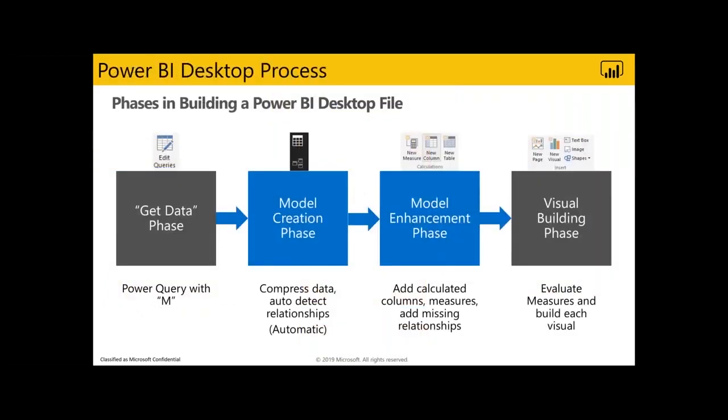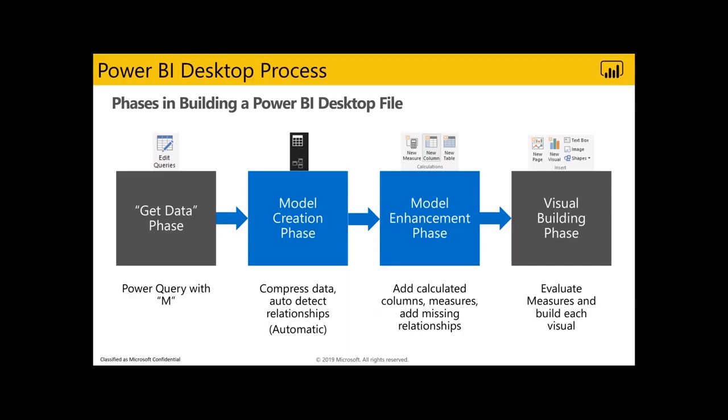All right, so let's jump right into it. So Power BI Desktop, there are typically 4 phases in building a solid model, right? You need to go out and get the data, of course, and that takes some thought, right? Now you're talking about Power Query, you're writing M possibly, if you're super advanced, and that Power Query M, or that M language, is getting translated hopefully into queries that get sent against your database.